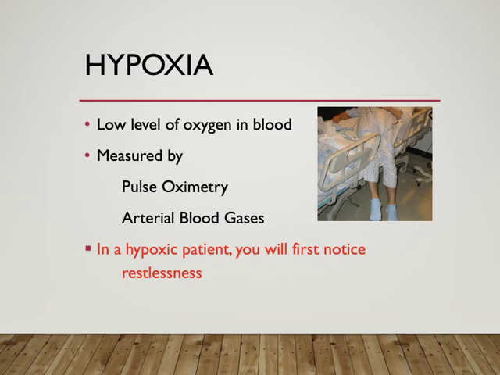So we said hypoxia is a low level of oxygen in the blood. You can measure it by a pulse oximeter or arterial blood gases. But what I want you to remember from this slide is that in a hypoxic patient, you'll see restlessness as the first sign of low oxygen.